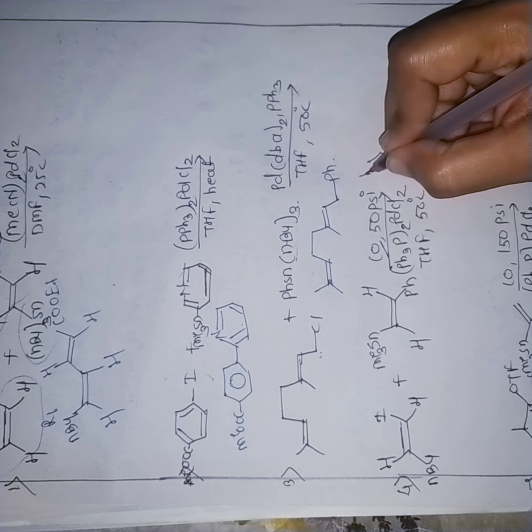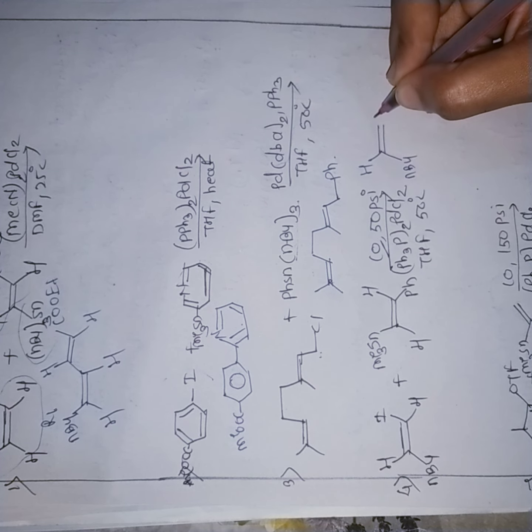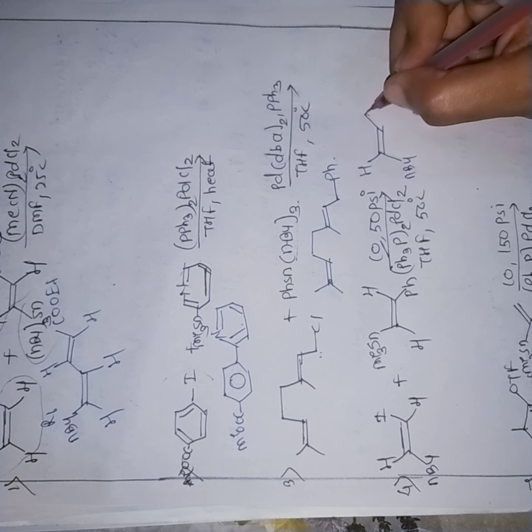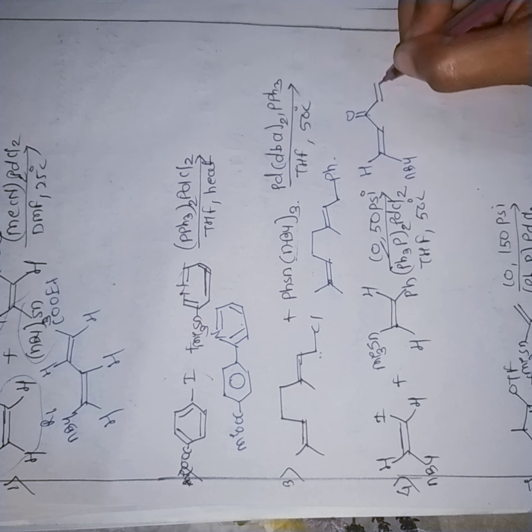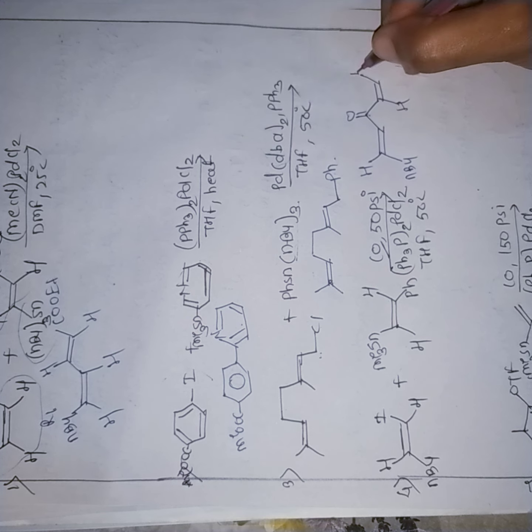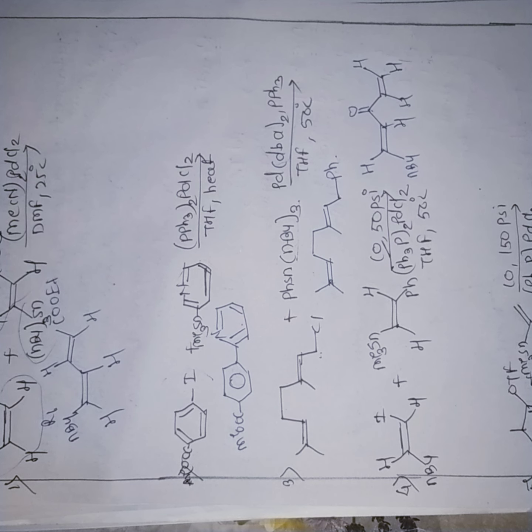We have to write the reactant, carbonyl insertion, and again Ph. Means a carbonyl group is inserted between R1 and R2 group.